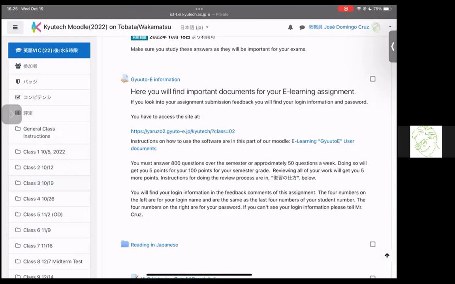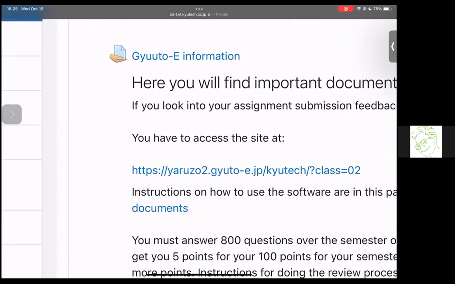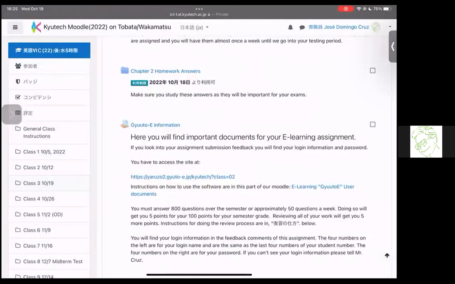For those of you who are listening to this on YouTube, your login information is here. The website is accessible here. And if you click this link, e-learning VI C user documents, that will give you the information in Japanese to be able to read what you need to do for this software. And as I said, it is very important. What we do in class is important, but all of this stuff on Moodle is also very important too.